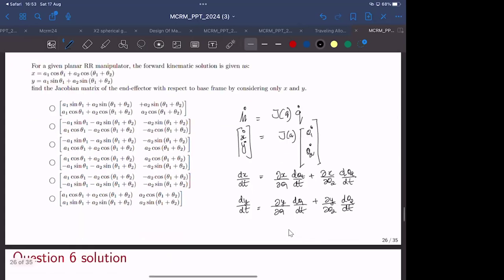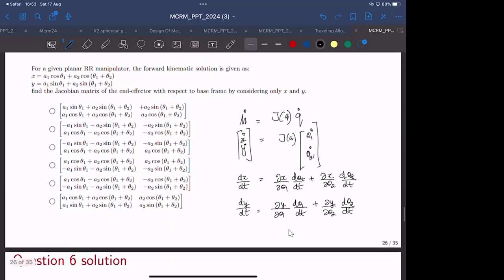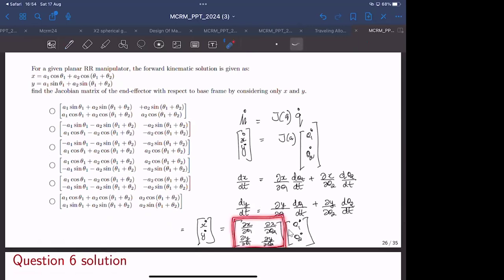And if you write this in matrix and vector form, you will get X dot, Y dot equals the matrix with dou X by dou theta 1, dou X by dou theta 2, dou Y by dou theta 1, dou Y by dou theta 2, multiplied by theta 1 dot, theta 2 dot. And this is what we call the Jacobian matrix.